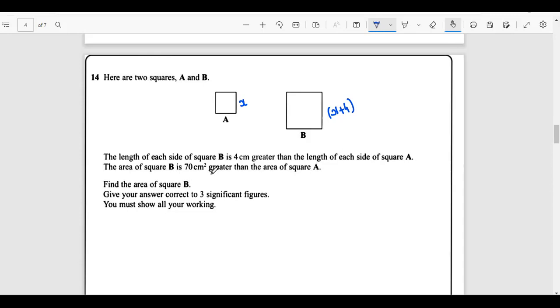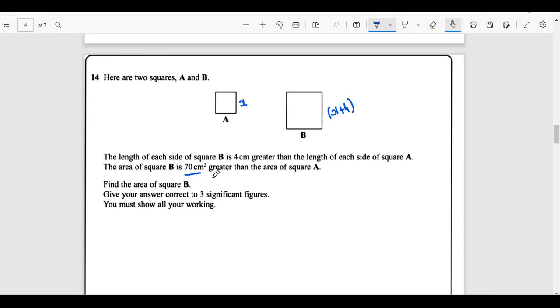I have an answer, but I think it's wrong. Is it 72.25? I don't think it is, because look, it says that is 70 centimeters squared greater than that, so that would not be the answer. It's okay, you tried. Let's do it now.